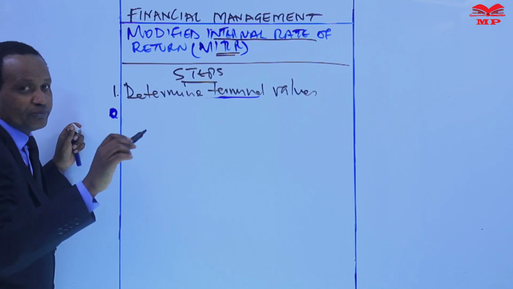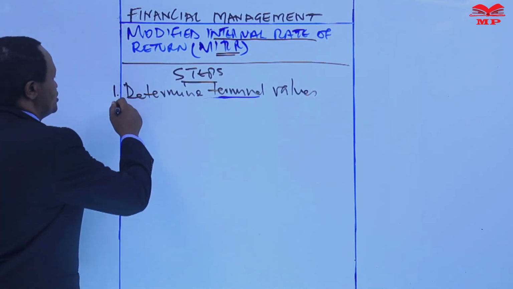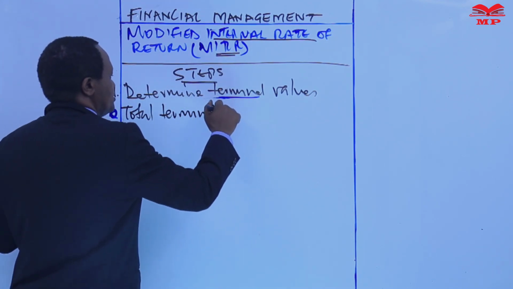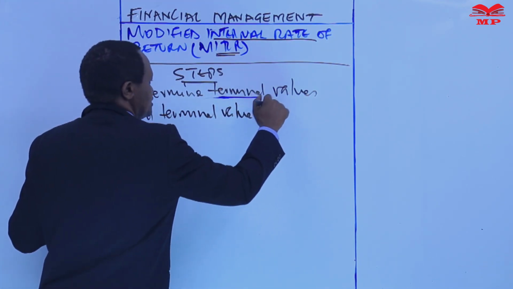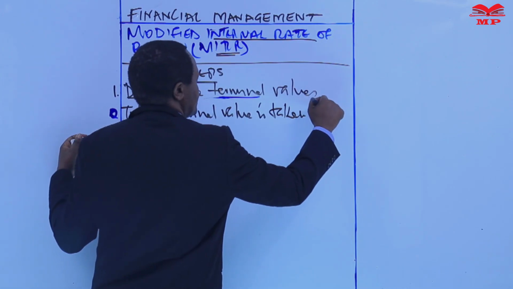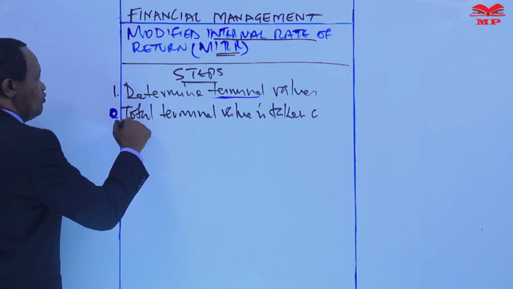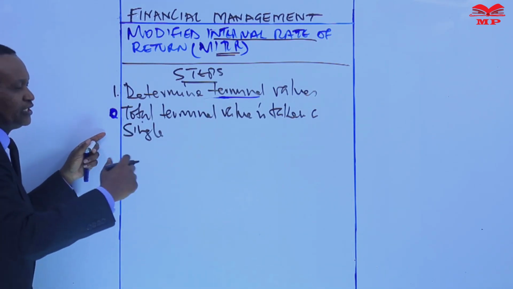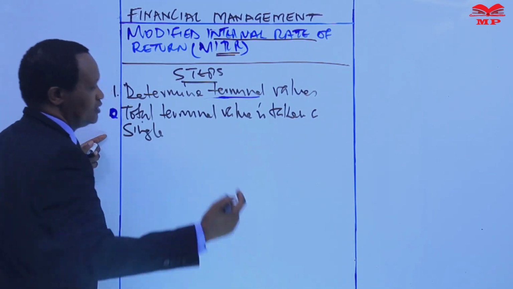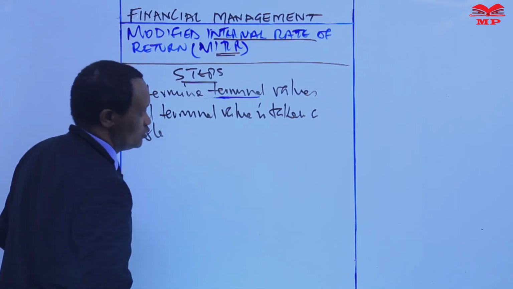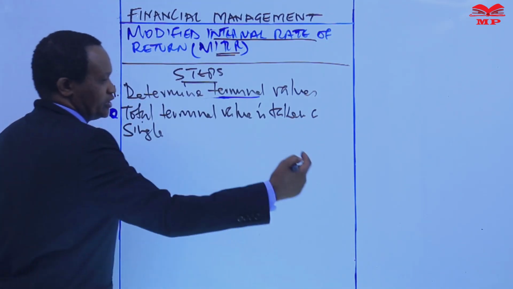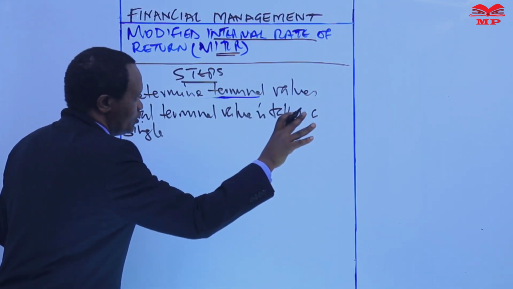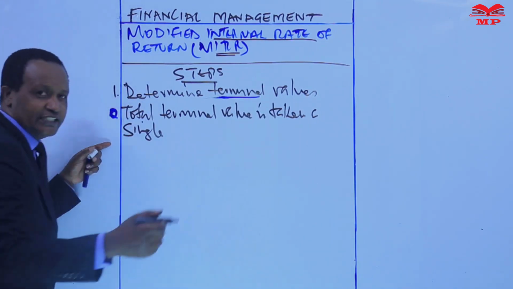Total, because we are getting the value at the end of year 1, then at the end of year 2, then at the end of year 3, and cash flows for year 4, then you get the total terminal value.